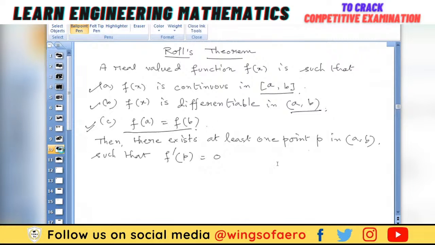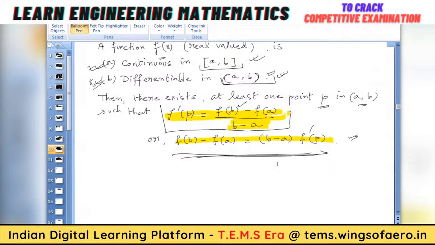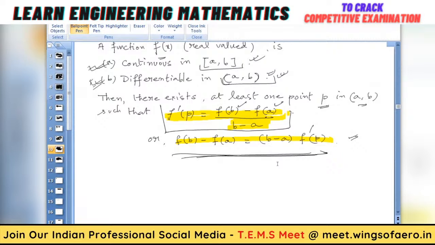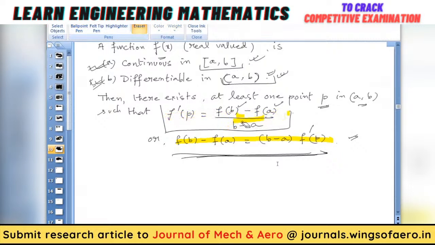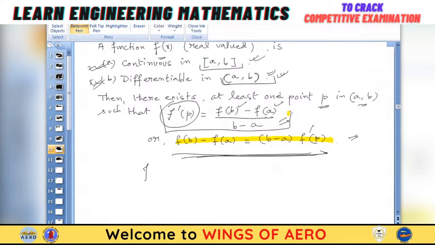Obviously, if I put f(a) equal to f(b) in this statement, the numerator portion, f(a) minus f(b) or f(b) minus f(a), becomes 0, isn't it? And if this becomes 0, we can say that f dash p is equal to 0.